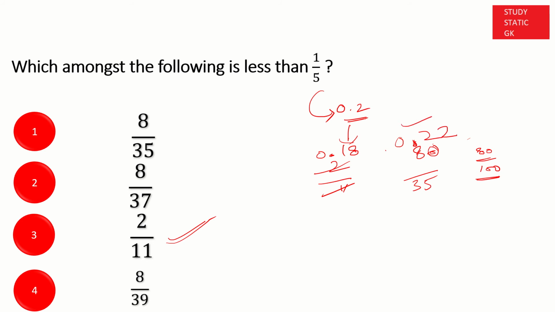So this is bigger than 0.2. The same way you can arrive at 8 by 37 and 8 by 39 also.